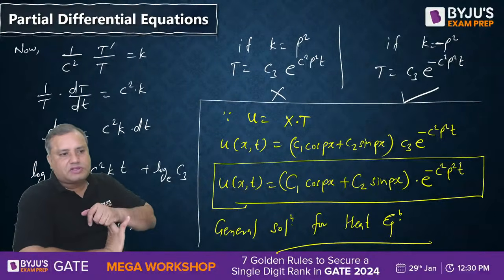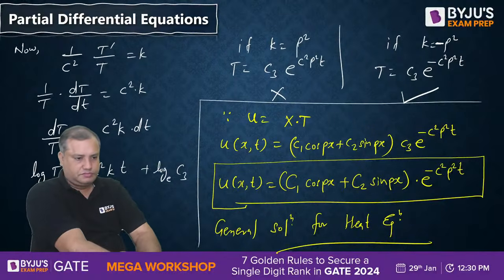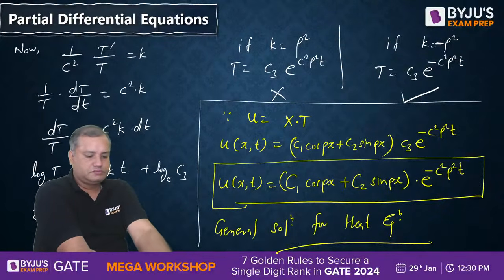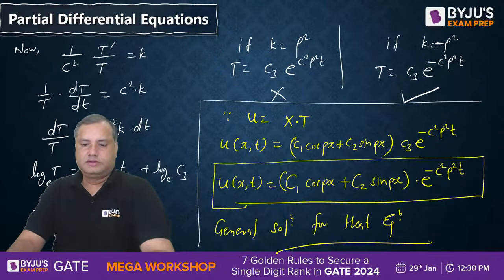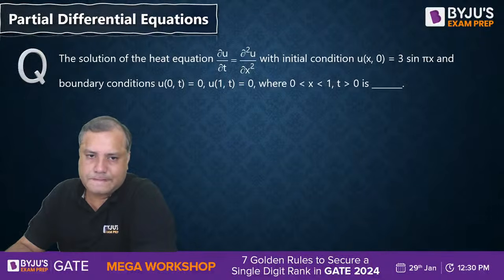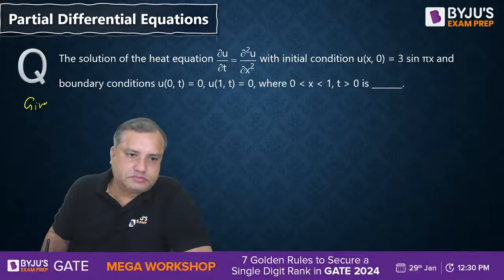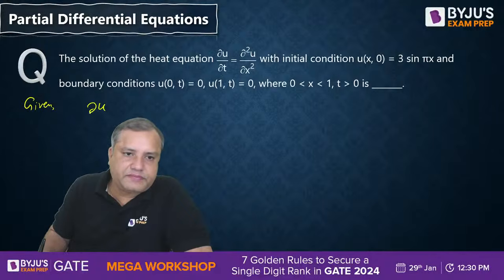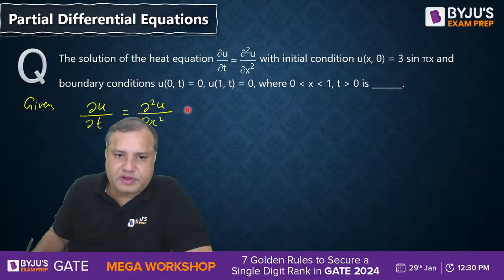Now we will apply this concept to solve some question. See here. Given del u by del t equal to del square u by del x square.